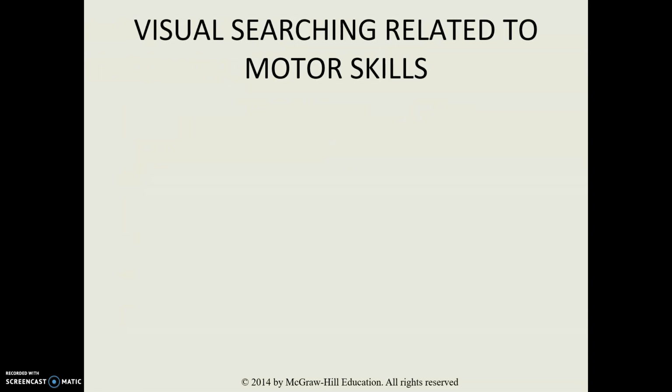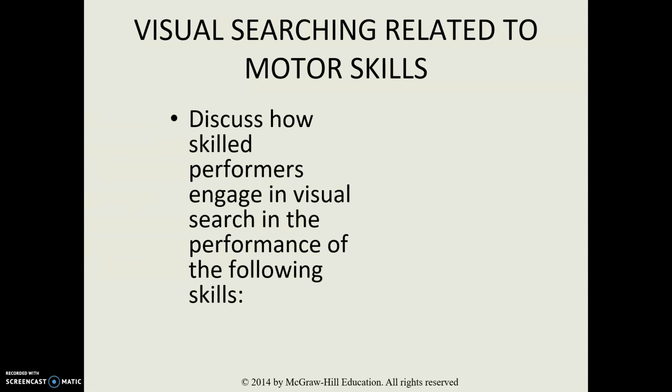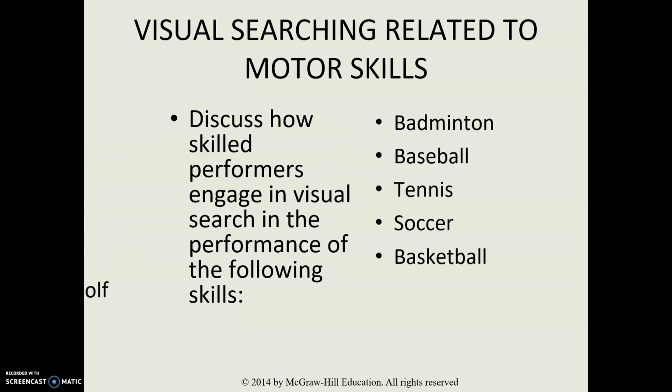As we perform motor skills, we do have this process of visual search and deciding what we're going to pay attention to and what we're going to not pay attention to. In the textbook, there are several different scenarios given.